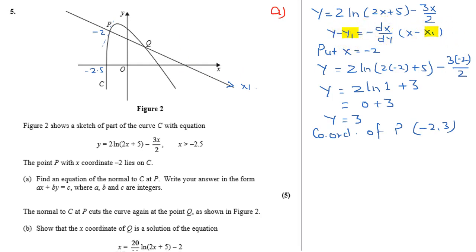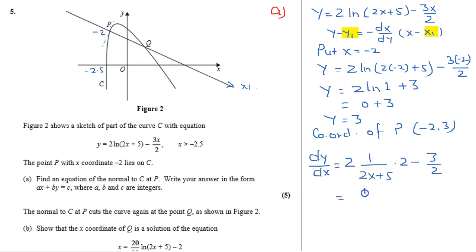Now we have to find dy over dx. So dy over dx will be 2 times the differential of ln x, which is 1 over x, so 1 over 2x plus 5, multiplied by the differential of 2x plus 5, which is 2, minus the differential of 3x over 2, which is 3 over 2.